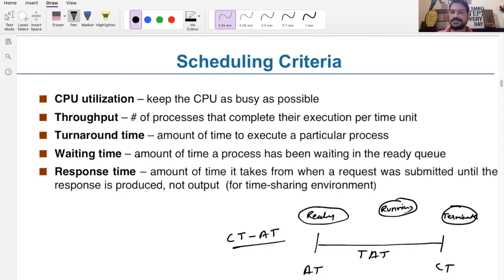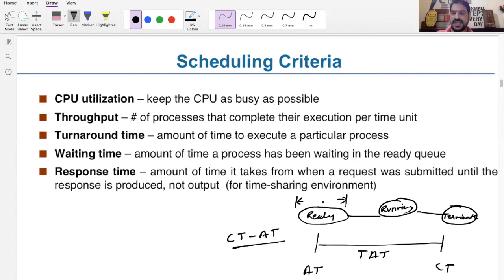Now what is waiting time? Waiting time means the amount of time a process has been waiting in the ready queue, meaning how much time a process spends in the ready state. That particular time is called waiting time.